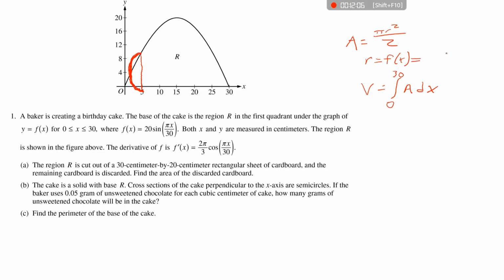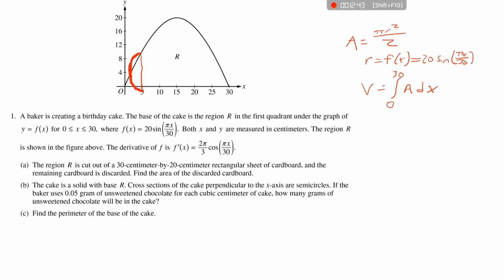So our radius is f of x, which is 20 sine pi x over 30. Yes, that's already in terms of x, and I can square that, so that all looks good. Once you've got your volume, we're going to use 0.05 grams of unsweetened chocolate for every cubic centimeter of cake.